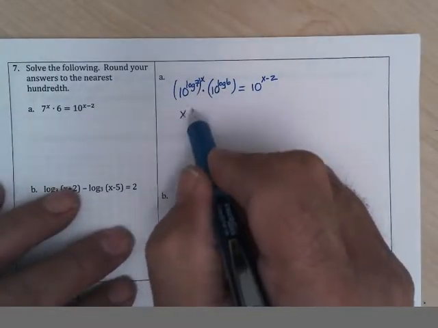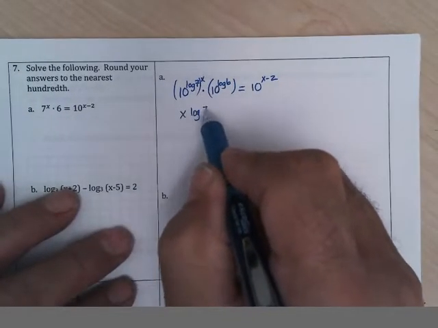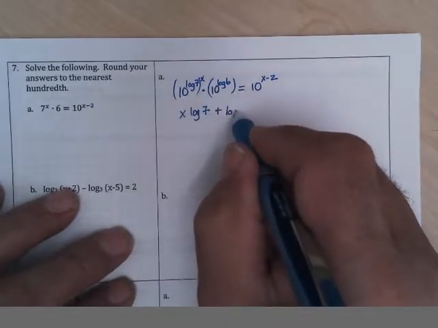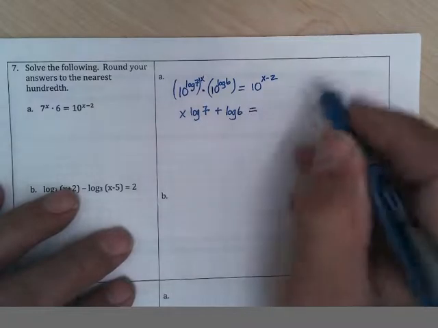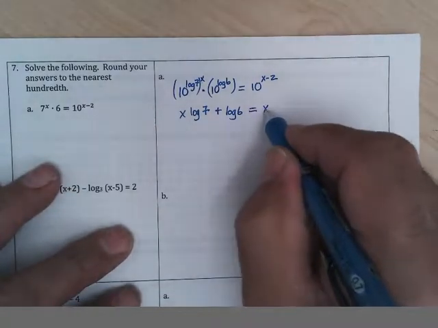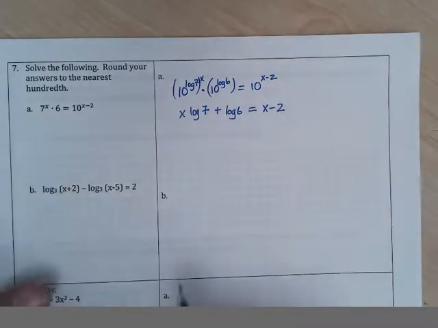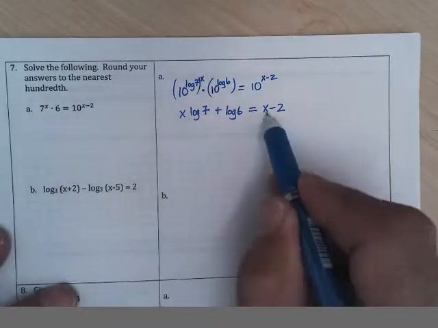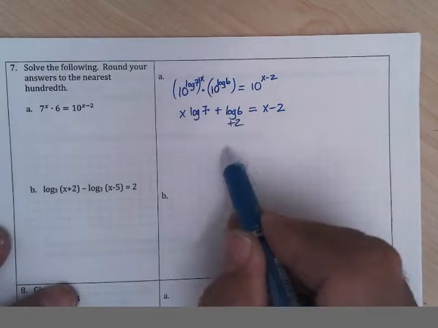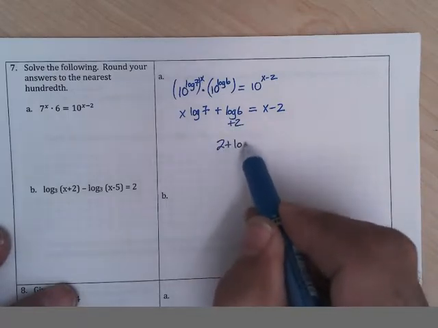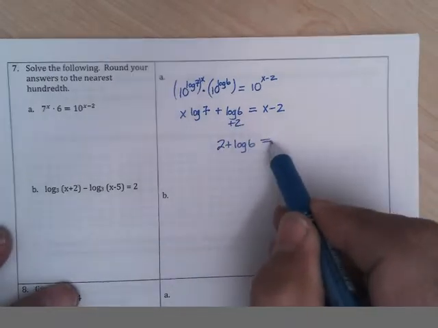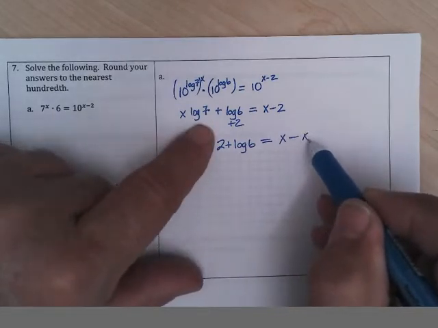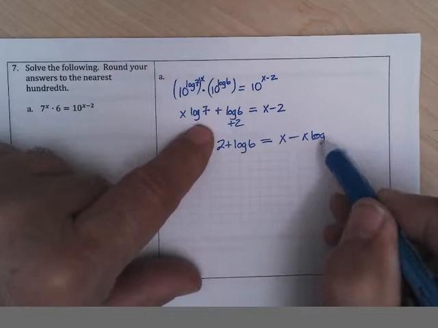So we got x log 7, and when we're multiplying we add the powers, plus log 6 equals x minus 2. So I'm going to subtract this from the x and add 2 to here. So I'm going to get 2 plus the log of 6 equals x minus x log 7.